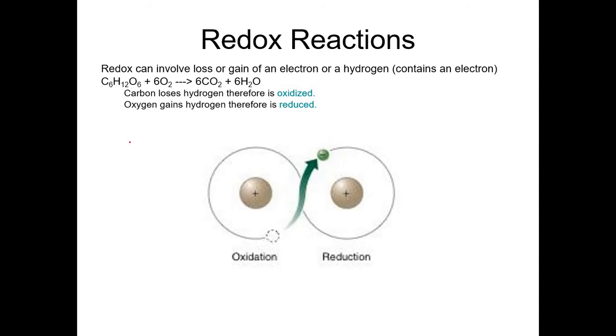So you have C, 2, 3, 4, 5, 6. So, I'm not sure if this is the structure of glucose, but I think this is the structure of glucose. I just think though.